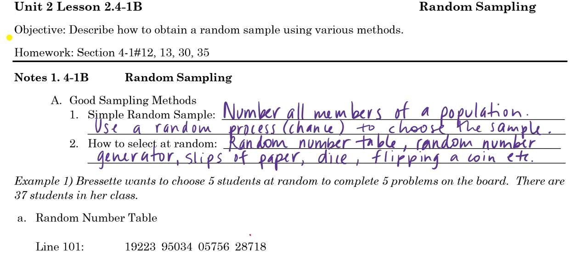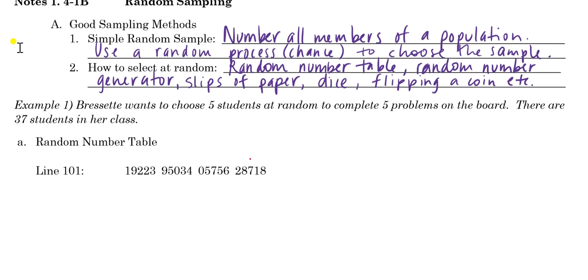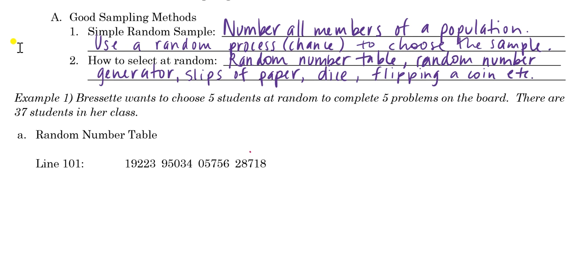Whenever you're asked to take a random sample or choose random numbers on an AP test, they're going to give you all a random number table because they need you all to choose the same random numbers. As you're going to see, your calculators all spit out different random numbers depending on something called a random seed.